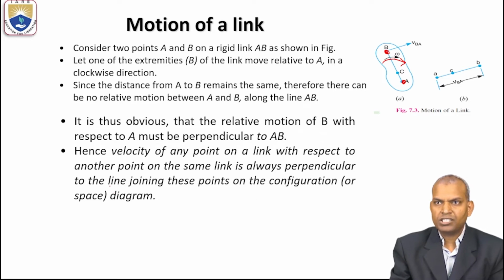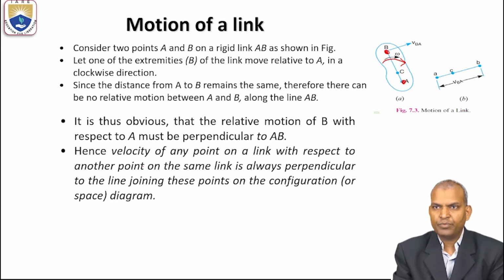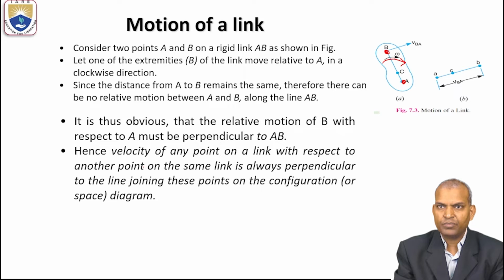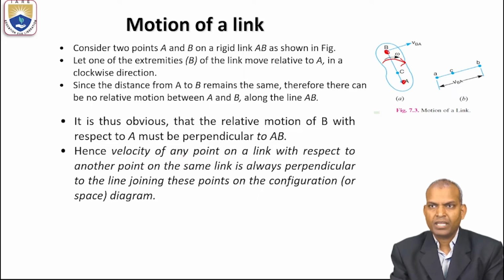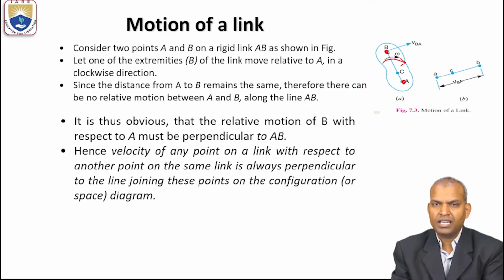Since the distance between A and B remains the same, there is no relative motion between A and B along the line AB, because the points A, C, B are all on the same link.